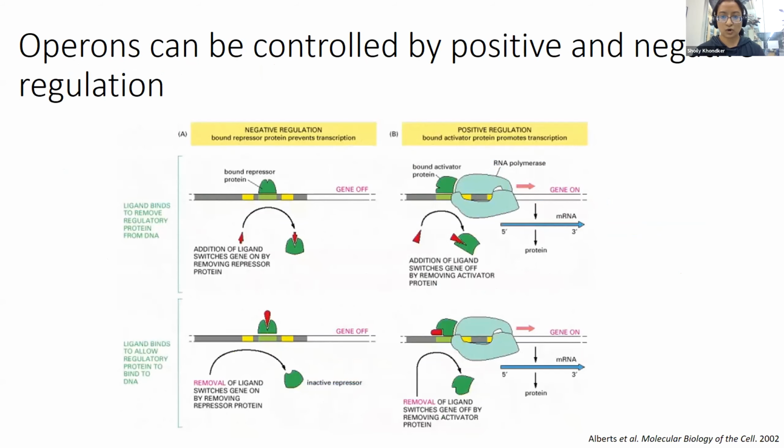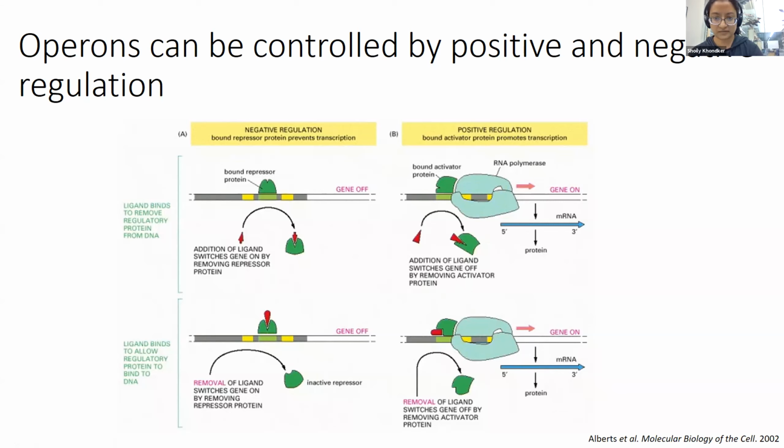Operons can be controlled both by positive and by negative regulation, and both are carried out by binding to ligands. As an example of negative regulation, an addition of the ligand can switch the gene off by activating a repressor protein, or a removal of the ligand can switch the gene on by removing the repressor protein.